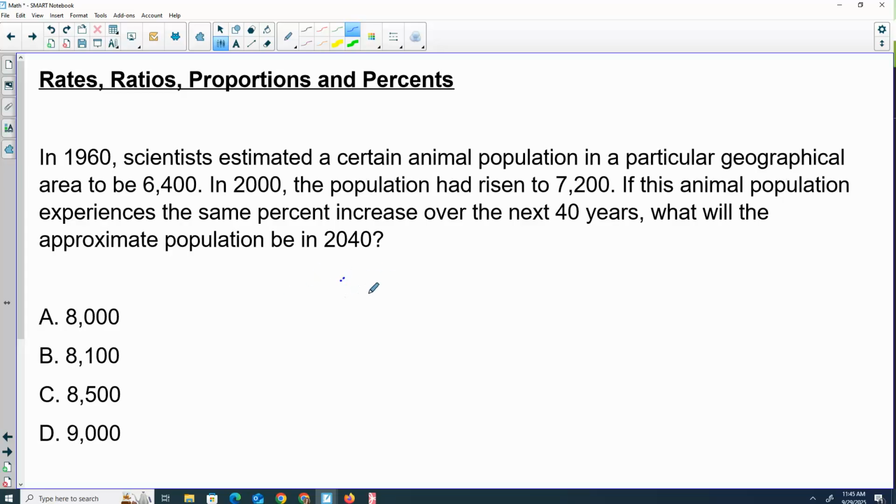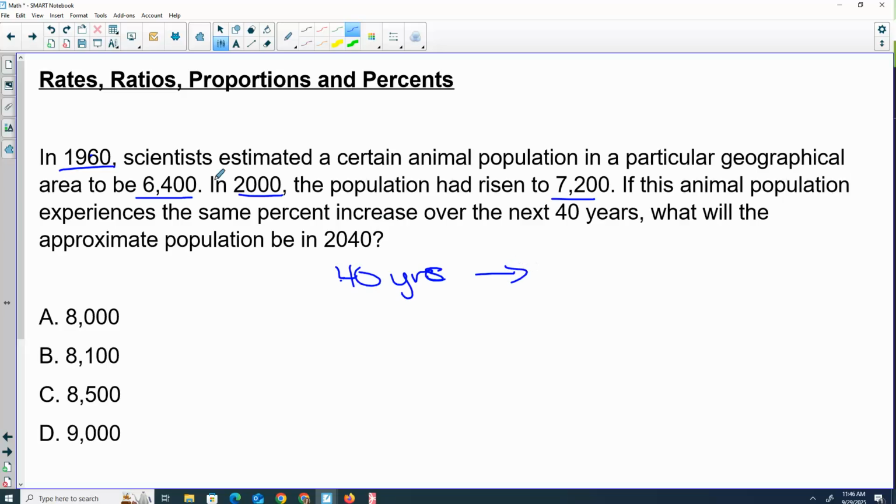Does that work? You guys seem a little less confident in that. So what he's saying, we knew we started with this and we ended with this. So from 1960 to 2000, we had 40 years.